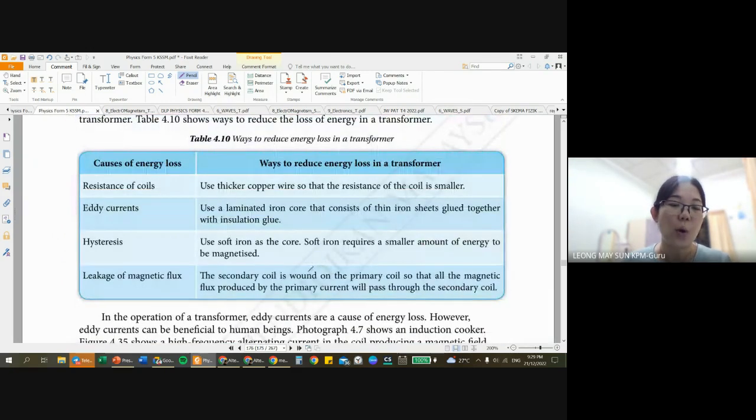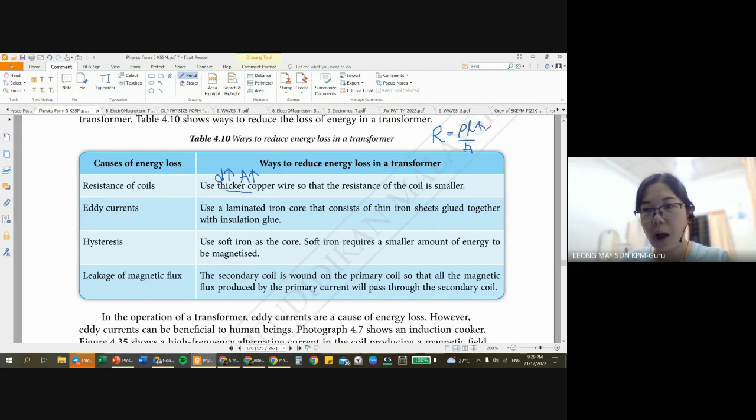All right, to overcome the resistance, they use a thicker copper wire. Why thicker copper wire? Because thicker copper wire means the diameter increases, the cross-sectional area of the wire increases. According to electricity, resistance equals resistivity times length over area.